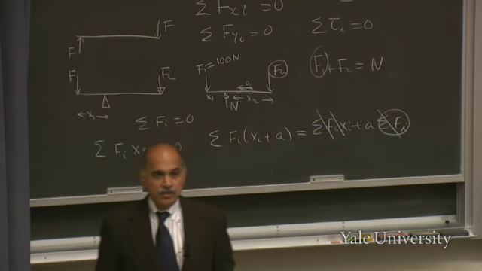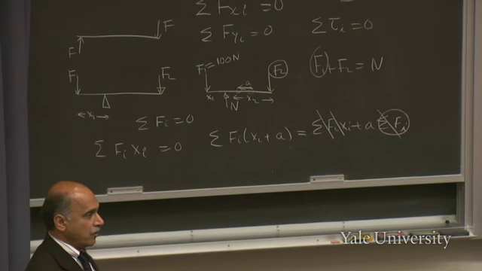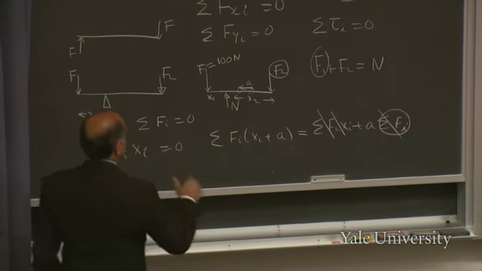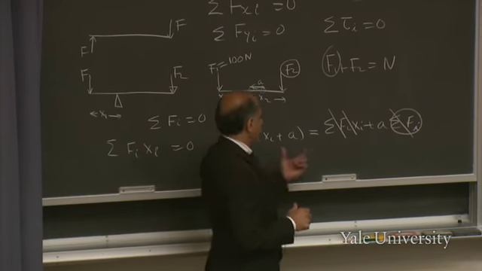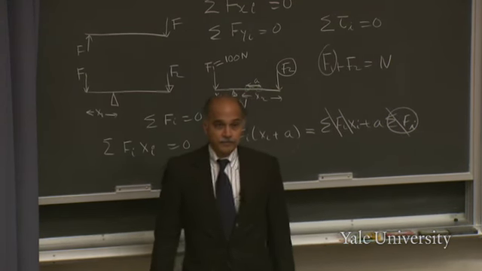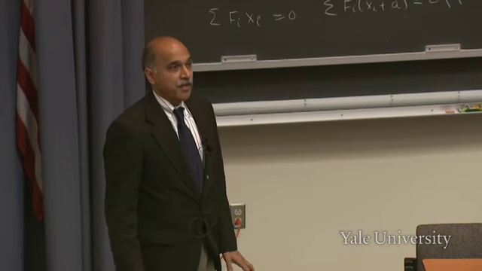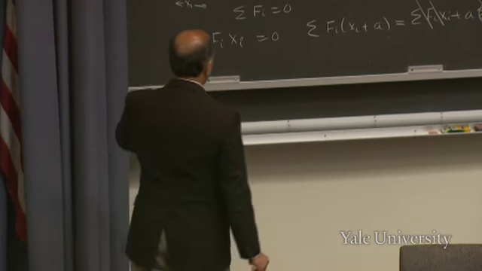In other words, if you find any one point and make sure the torques around that point add up to 0, then the torque around any other point will also add up to 0, provided the sum of the forces adds up to 0. And of course, that's the problem we're looking at. So you got to realize that when you take the torque, you may pick any point you like. Now that's where a strategic issue comes up.